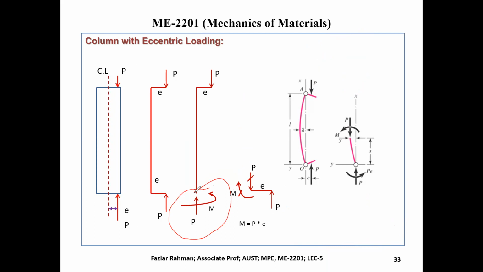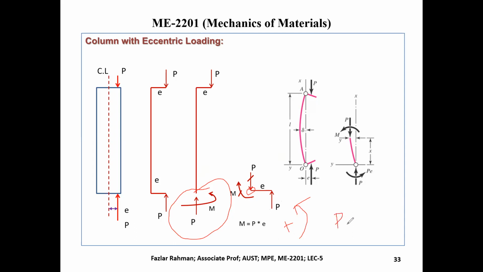Now, how can we figure out the value of this bending moment? You just take moment over here. If you say anti-clockwise is positive, you take moment over here, then you are getting P into e, rotating anti-clockwise, right?